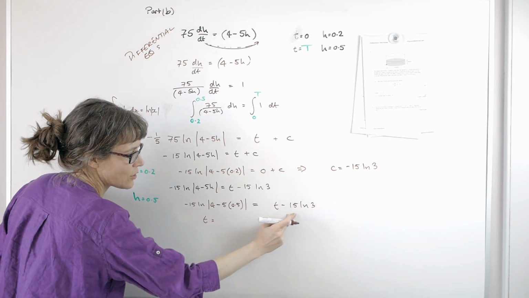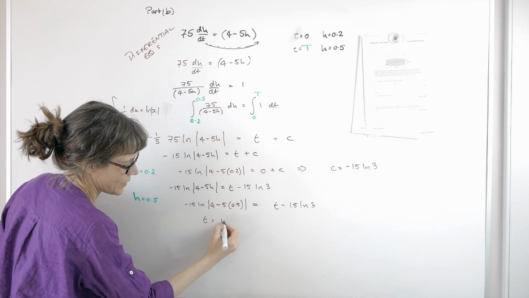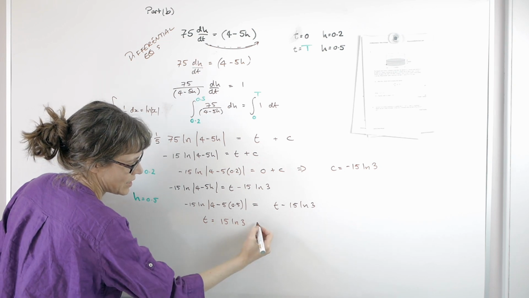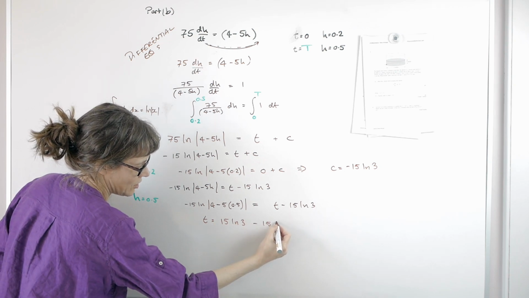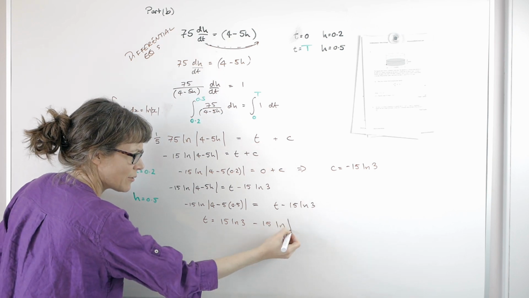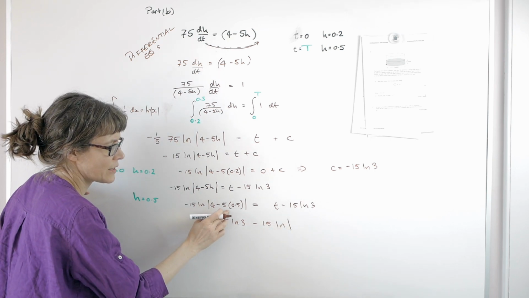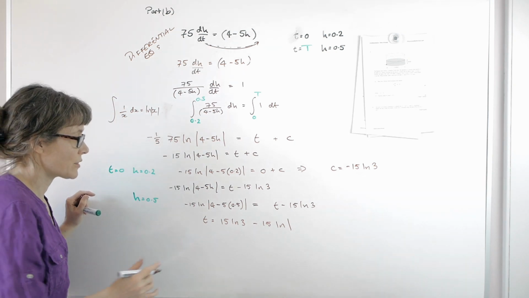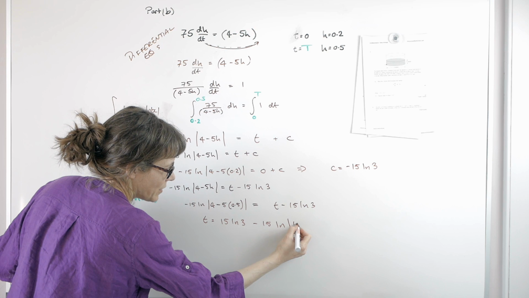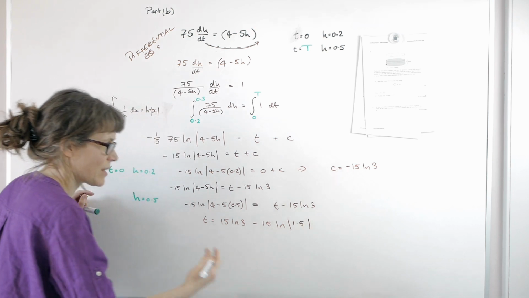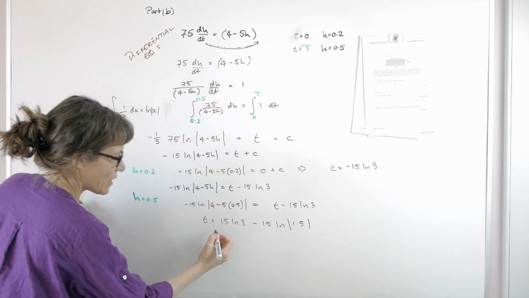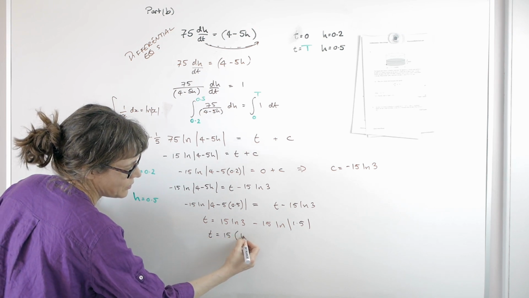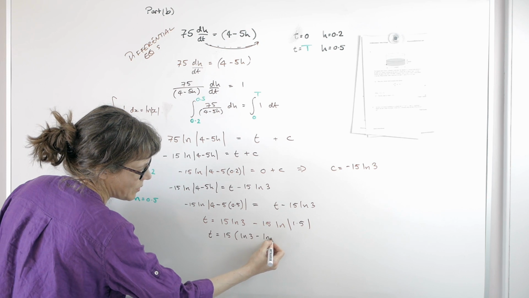If I add this constant on both sides, I get 15 ln 3, that's the c, minus 15 ln, and here I've got 4 minus, well, 5 times a half is 2.5, so I've got 4 minus 2.5 is 1.5. Great, that's a positive number. That 15 can come out of the front. We've got ln 3 minus ln 1.5.